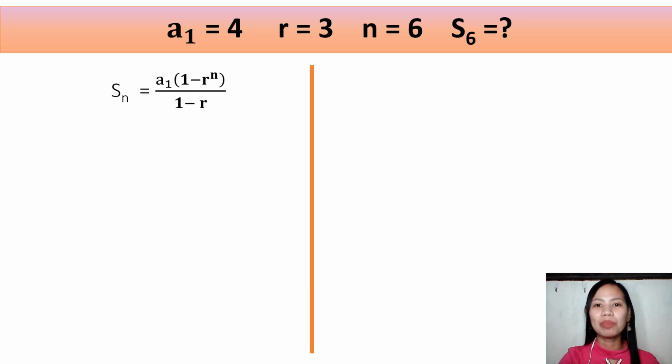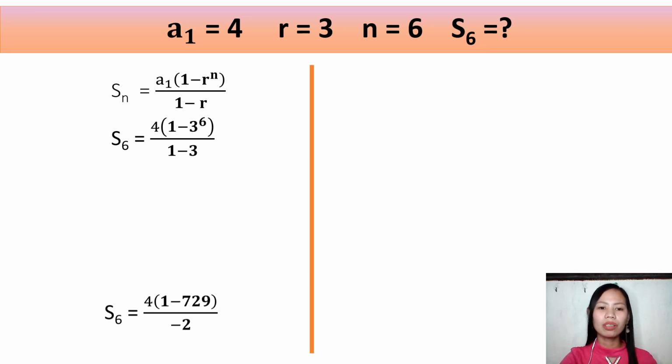First one is S sub n equals a sub 1 times the quantity of 1 minus r raised to n all over 1 minus r. Let us substitute the value. We have S sub 6 equals 4 times the quantity of 1 minus 3 raised to 6 all over 1 minus 3. You need to solve first 3 raised to 6.